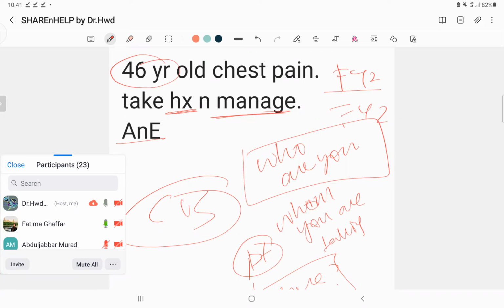Okay. And so I need to ask you a few more questions regarding your past medical history. So were you ever admitted in a hospital before for anything in the past? No, doctor. And what about any existing conditions that you may be taking medications for?